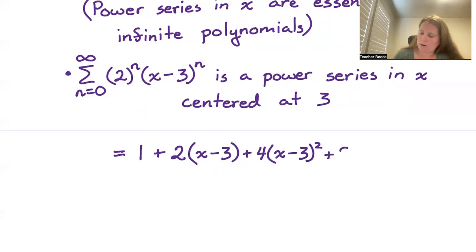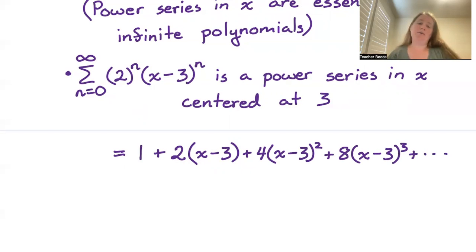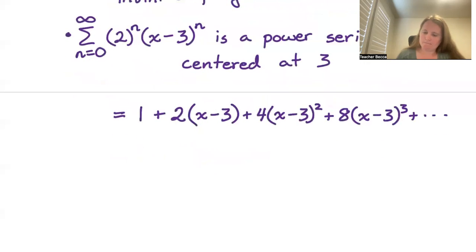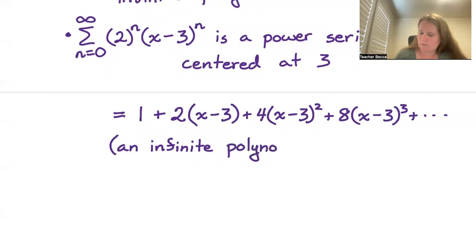Then 2 to the third power is 8 times (x minus 3) cubed. And then we continue on. So this is essentially an infinite polynomial that has been translated to the right by 3.